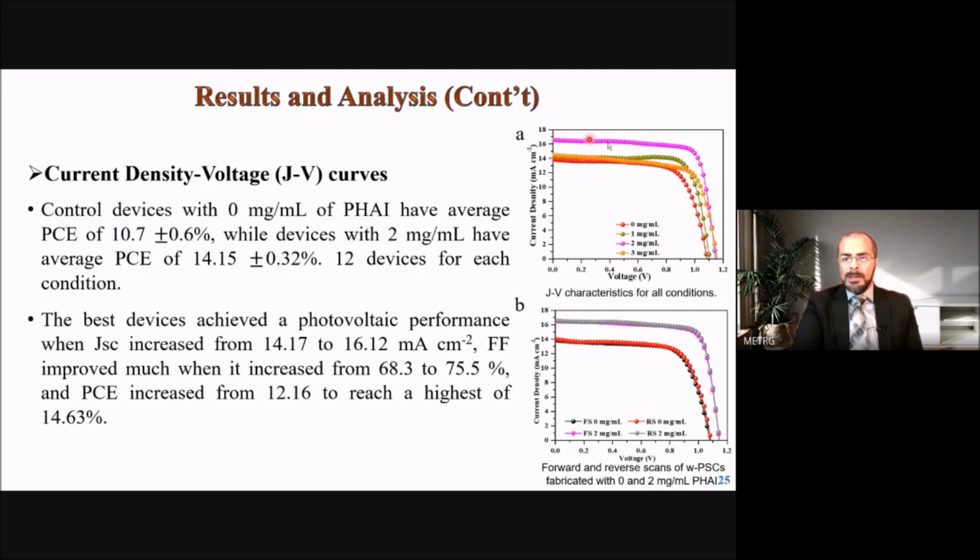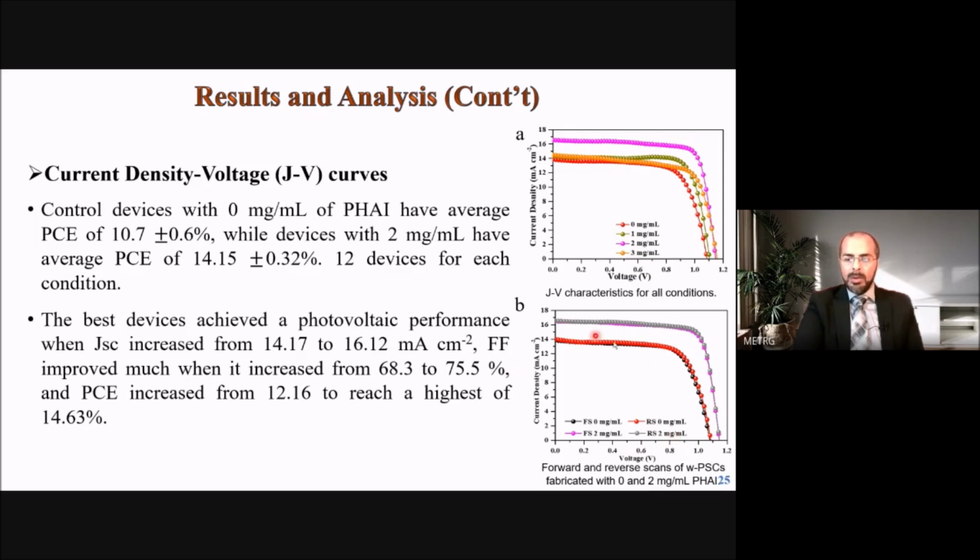The highest one is the one with 2 milligrams per milliliter. Also, graph B shows the forward and reverse scan for only 2 conditions, 0 and 2. 0 is the control. From now on, we will call it control cells. And 2 is the good optimal condition.